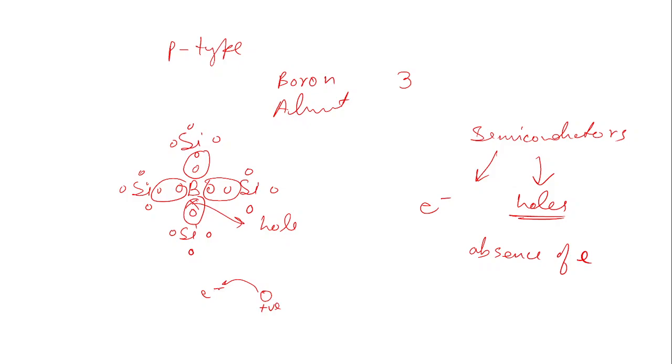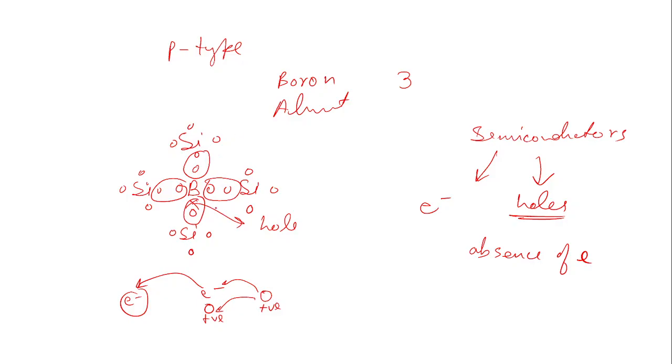So the electron moved here and after that it will move here, meaning this negative charge is moving and leaving a positive charge at the back. So in a way, it will be like a positive charge is moving from here to here. It's just a way of saying: when there is an excess of negative charge, it's n-type.